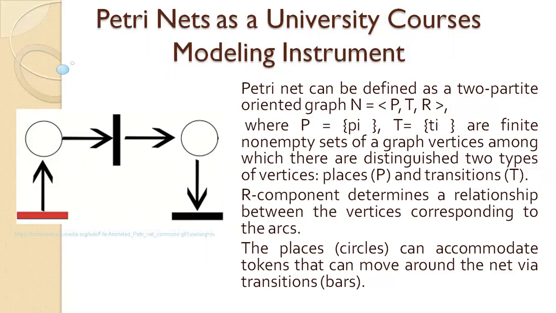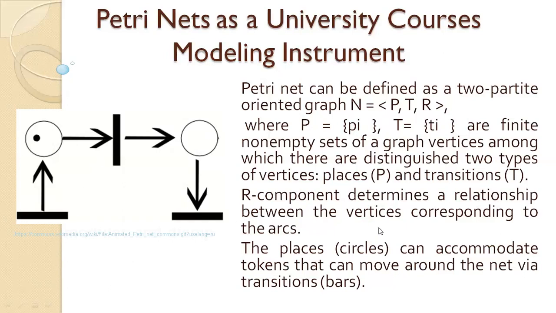So in brief, to cover the theory of Petri nets and their properties, I'd like to say the following, that Petri net can be defined as a two-part type-oriented graph, which includes non-empty sets of vertices, and among vertices there are two types of them. There are places, which are circles, and transitions.